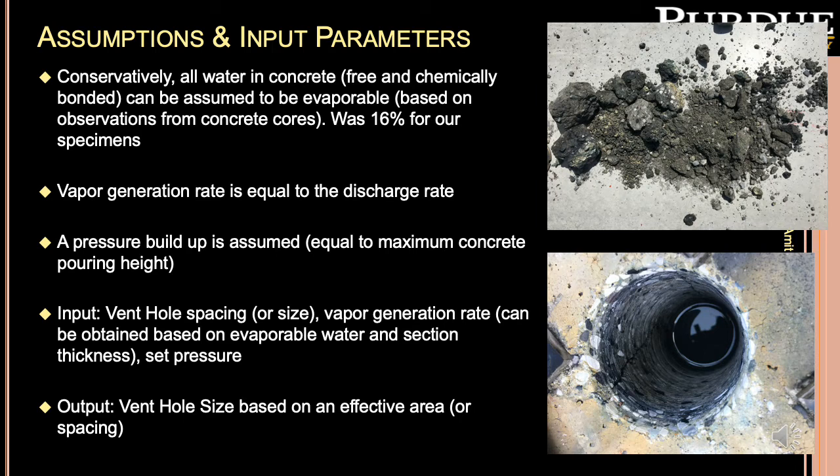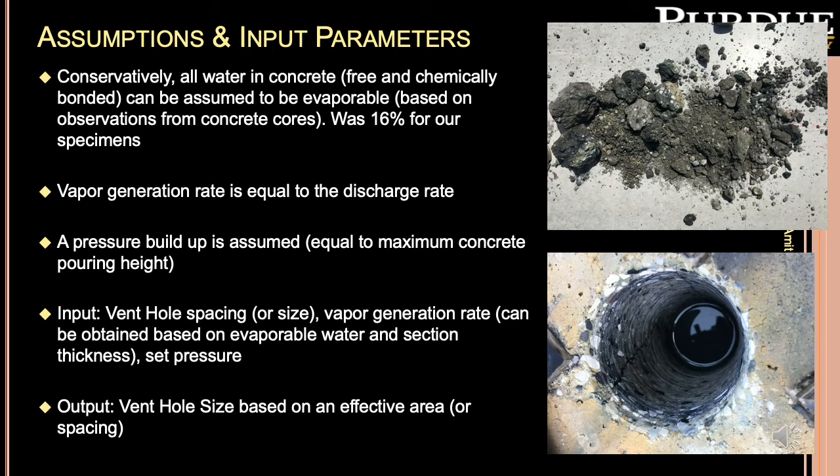And that is an input parameter that the designers can consider. For our case, we considered that pressure buildup to correspond to a maximum concrete pour height of 10 meters, which, based on previous studies we've observed, does not significantly degrade the compression capacity or the compression behavior of the walls.